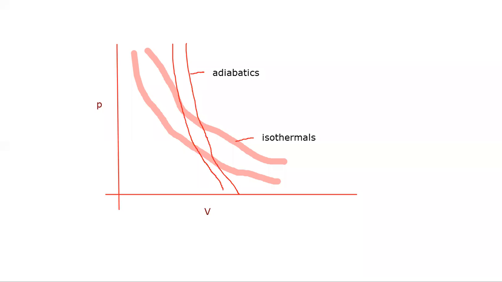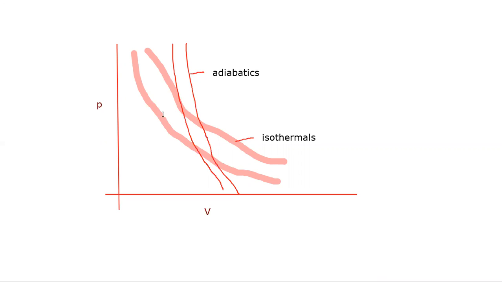Now the next topic is the adiabatics and the isothermals. The plots of P versus V are known as the adiabatics and the isothermals. If you see this, the slope of isothermal is less than the slope of adiabatics, which means adiabatics are steeper than isothermals.